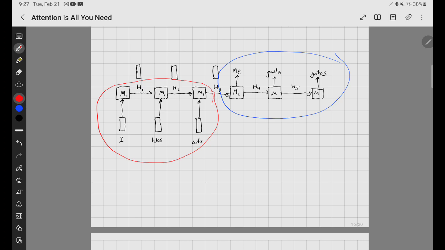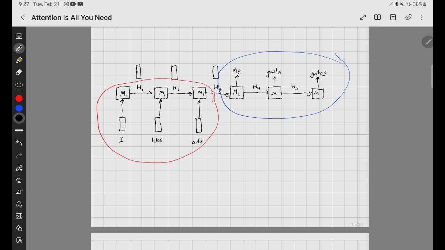So it has to encode all 500 words into one tiny vector. And remember, each of the words is a vector itself. So it has to encode 500 vectors into one vector, which there's not enough space to do. So that's one of the problems: the amount of information you have to encode into one single vector.